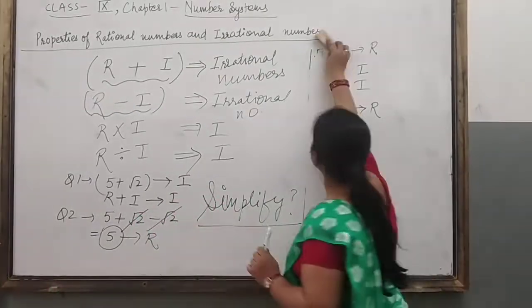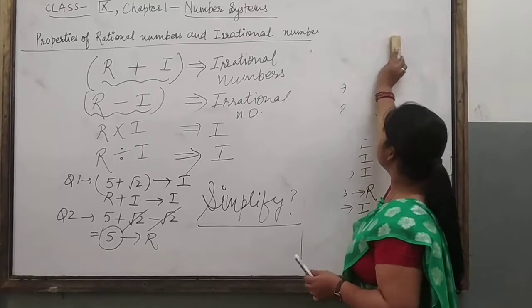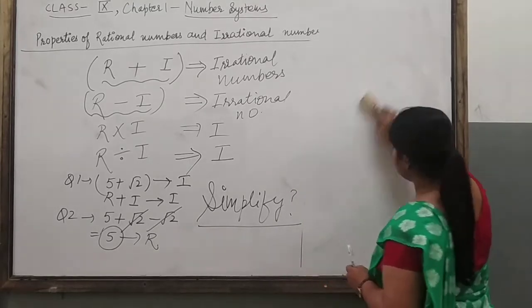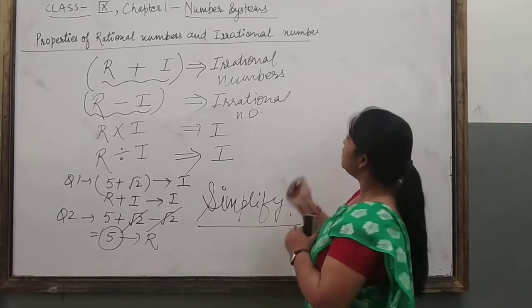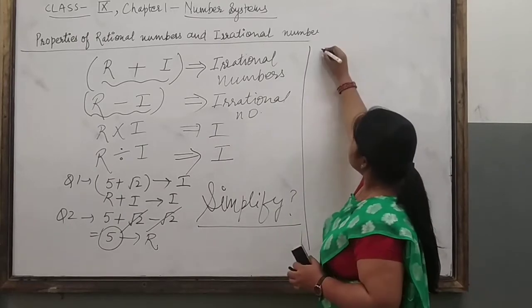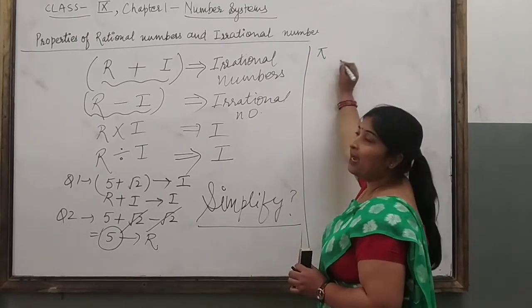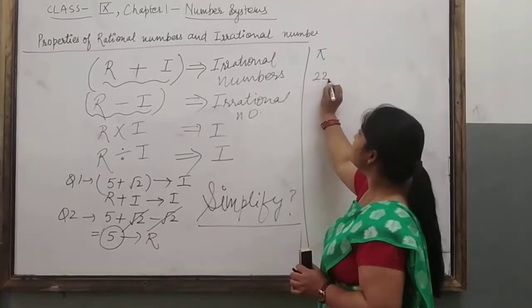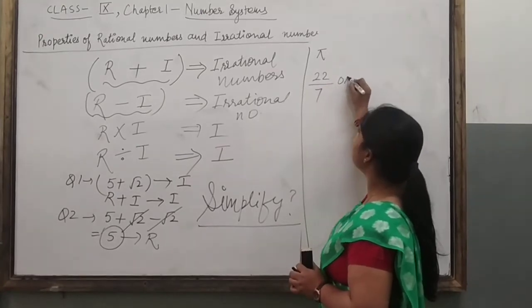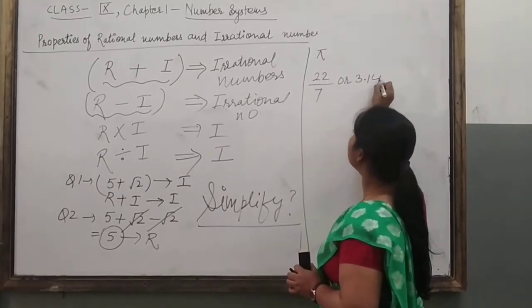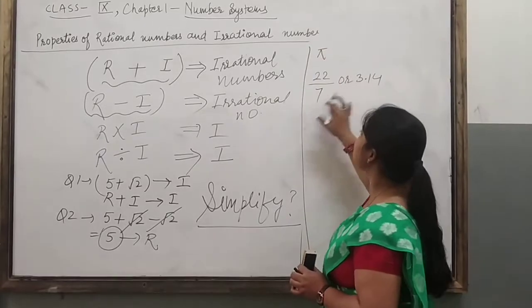In the 8th class we also used the value of pi to find the area of a circle. This symbol is pi, and the value of pi you use is 22 upon 7 or 3.14. These 3 things are different.